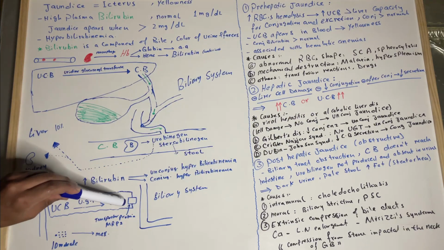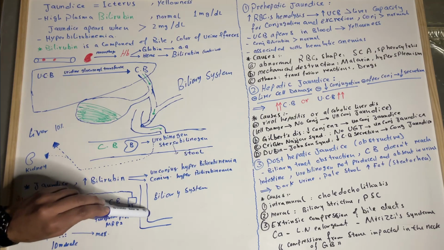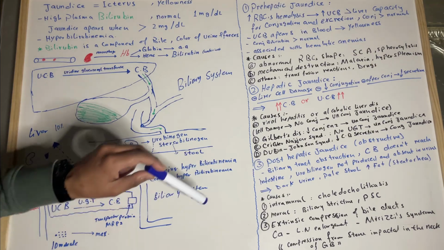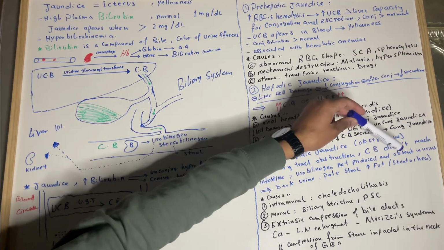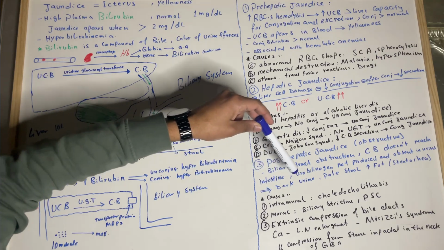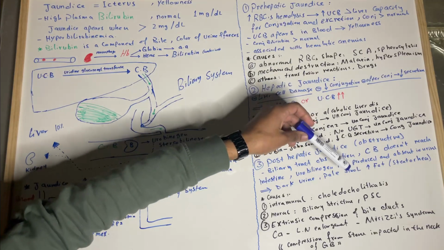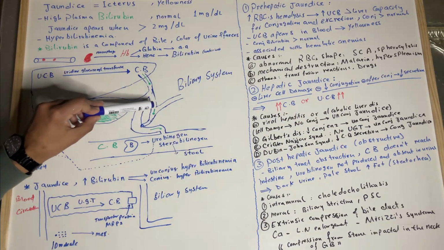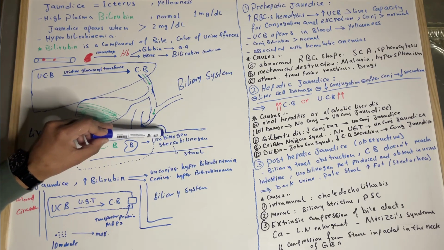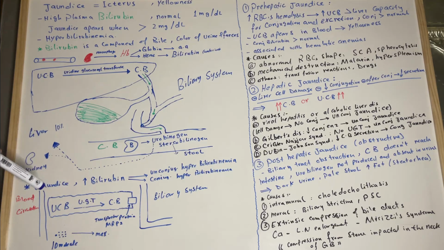After conjugated bilirubin is secreted into the biliary system, there is mechanical obstruction, so conjugated bilirubin doesn't reach the intestine, and urobilinogen is not produced and is absent in the urine. Since the conjugated bilirubin doesn't reach the intestine, there is no urobilinogen, and it will not appear in the urine.